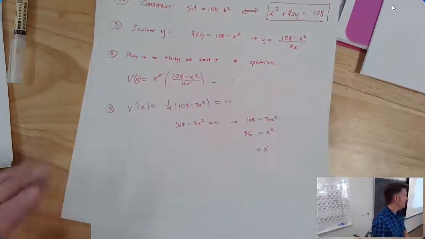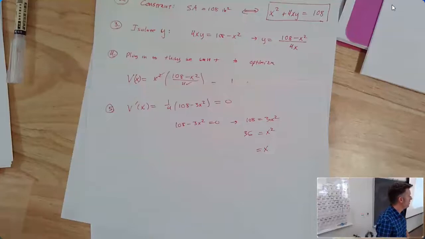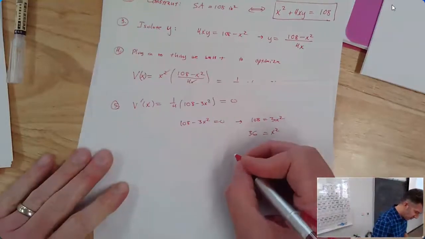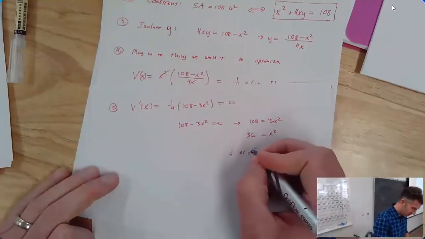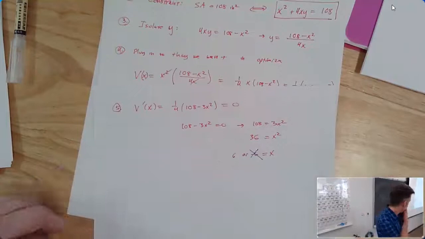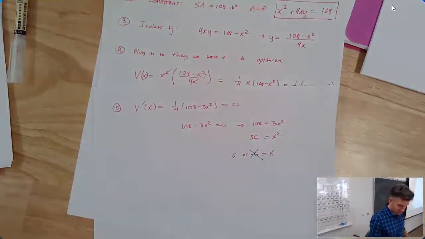Okay, so technically there are 2 answers to this equation. One of them is obviously not a sensible answer. -6 does not make sense for the length of a box. So even though x could equal 6 or -6, we're going to exclude answers that don't make any sense from a physical standpoint.